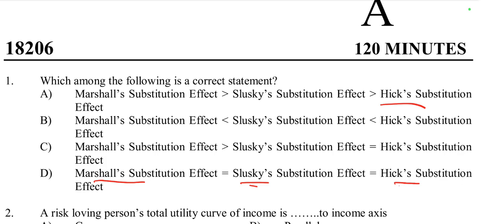The main difference between them lies in how they decompose income and substitution effect in the broader analysis of the price changes. But the substitution effect itself remains the same in all cases. So here the answer should be option D: Marshall, Slutsky and Hicks substitution effect all are equal.